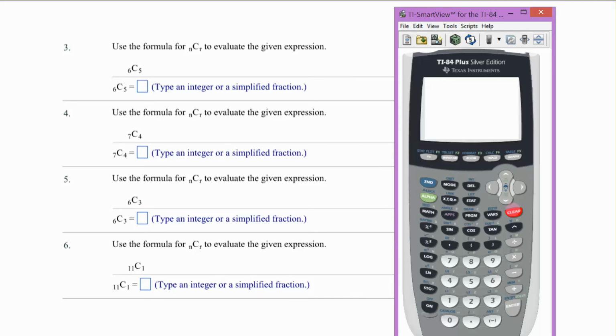I have 6 items and I want to know how many different ways I can grab 5 of them, and the order doesn't matter because it's a combination. So 6, math, over to probability. Now I'm choosing number 3. And I'm taking them 5 at a time, and there will only be 6 ways.